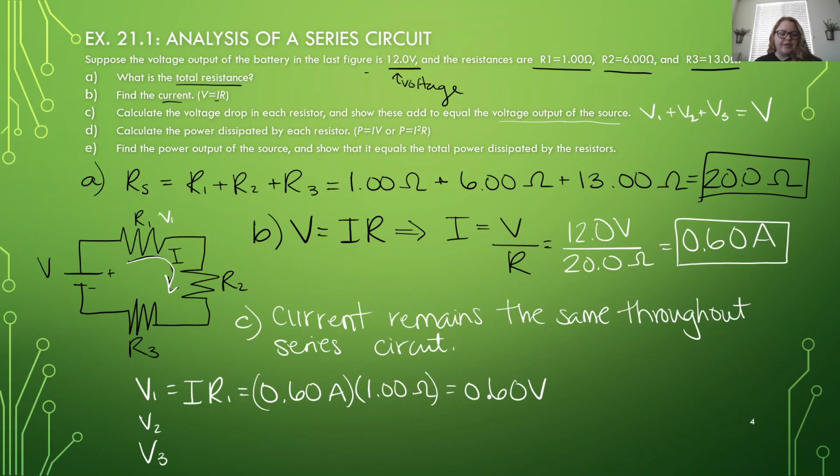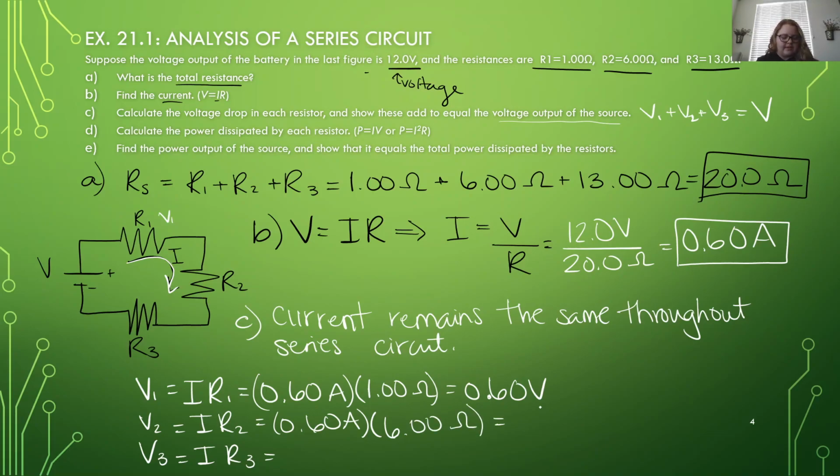Then we have V2 and V3. So IR2 and IR3. Again, our amperage or our current stays the same. And then we have R2, which was given to us as 6 ohms.